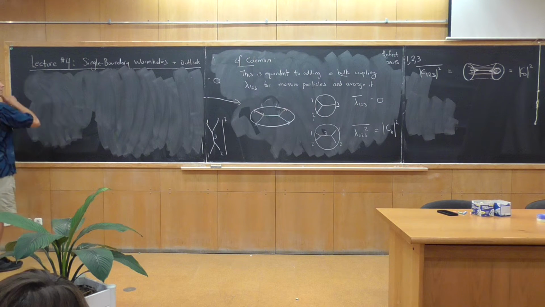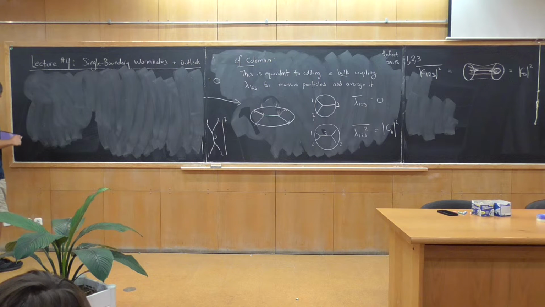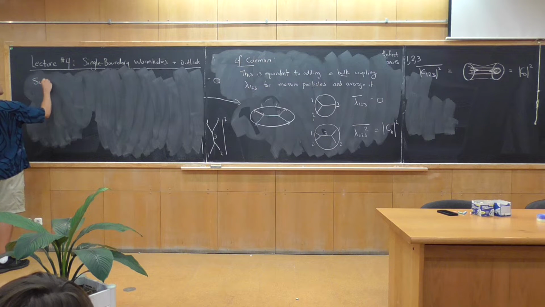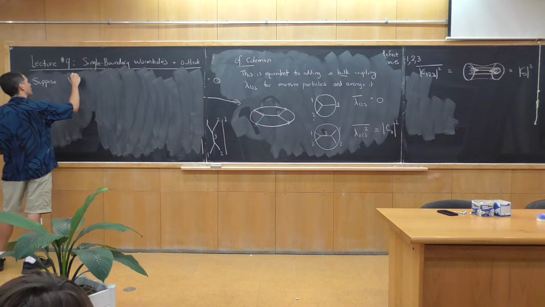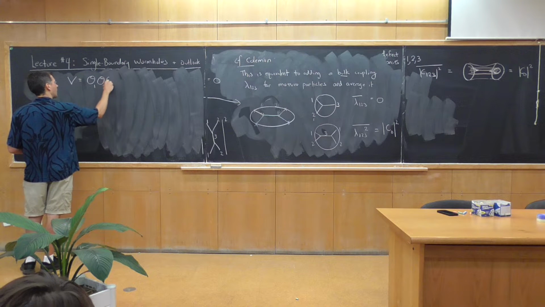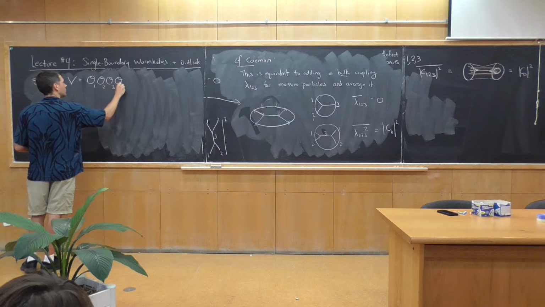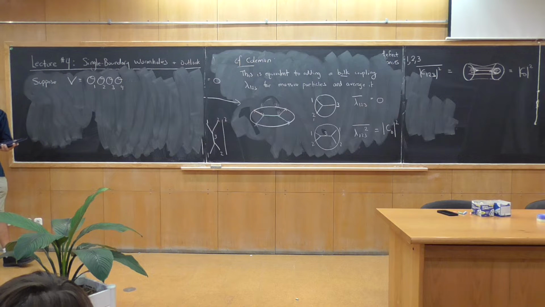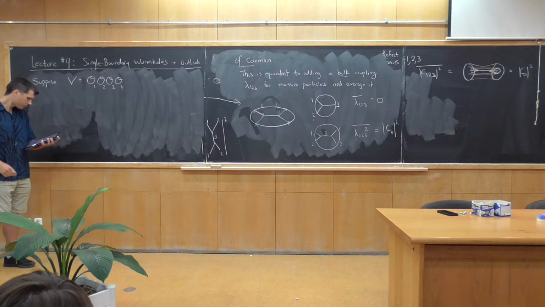Okay. Now there's another consequence of these types of wormholes that I want to discuss. Suppose you have an operator V, which is not a local operator. It's some big operator formed by inserting a bunch of local operators.